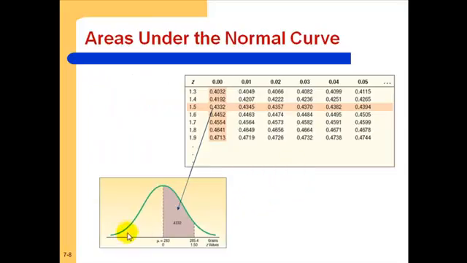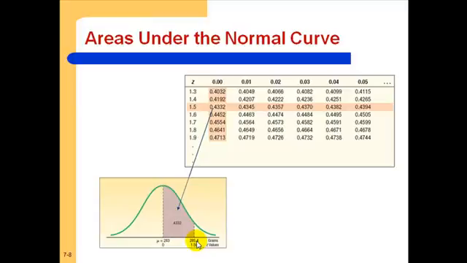For example, for this normal probability distribution, we try to find out the probability of a value falling into the range between the mean of this distribution, 283, and 285.4.